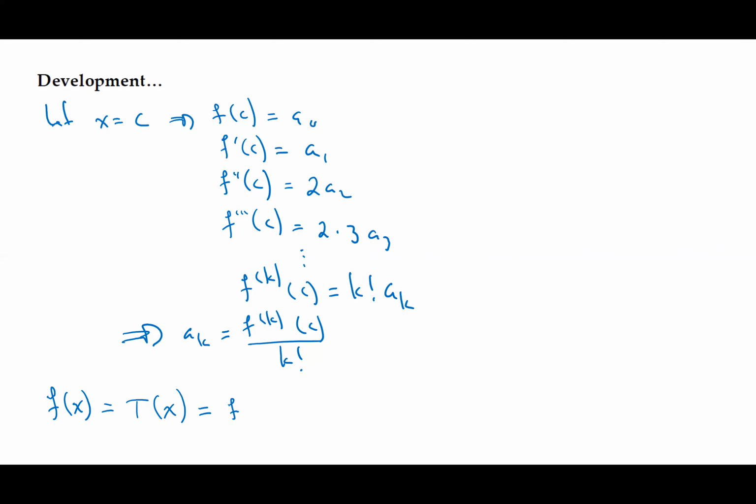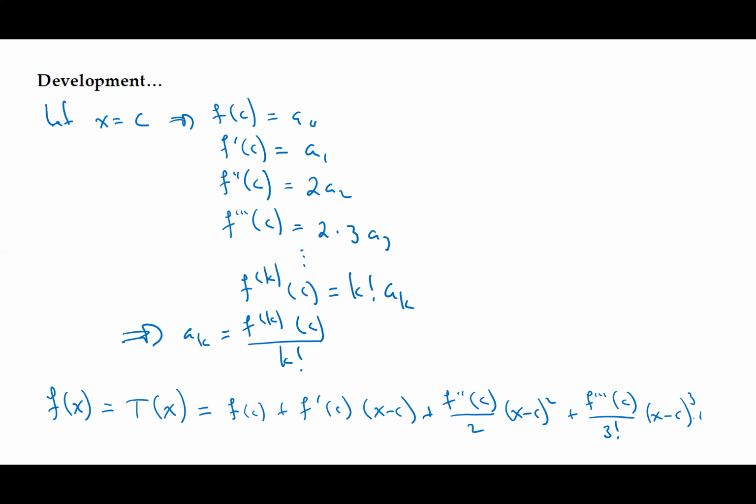We'll have f of c plus f prime of c (x minus c), plus f double prime of c over 2 (x minus c) squared, plus f triple prime of c over 3 factorial (x minus c) cubed, and so on, okay?